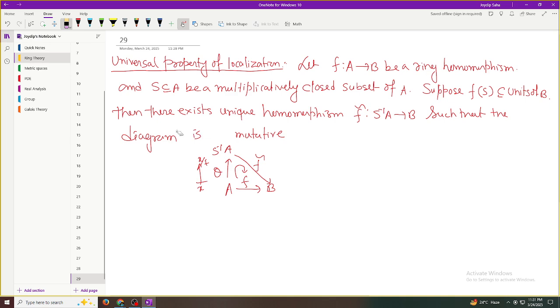That means F tilde composed with theta equals f.